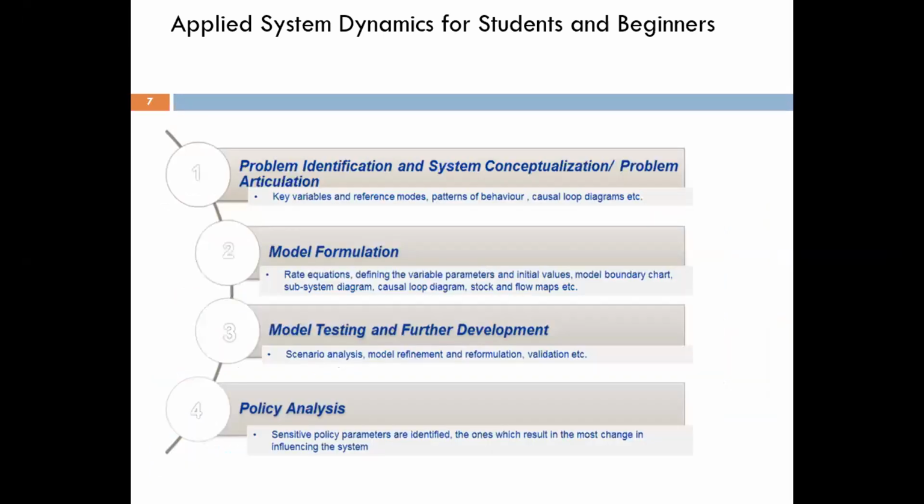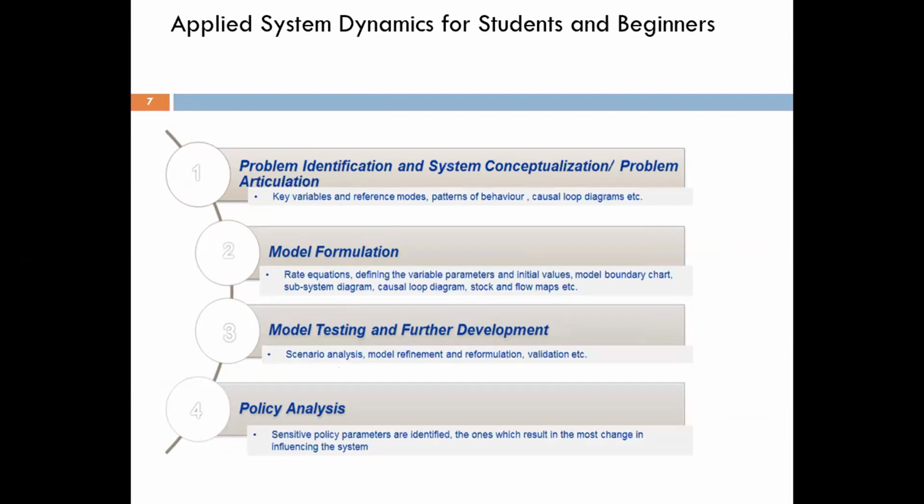In terms of the conventional modeling method, this is just a summary of a whole number of modeling methods from various sources. So there's always the first step that involves identifying the problem, articulating the problem, and conceptualizing the system.